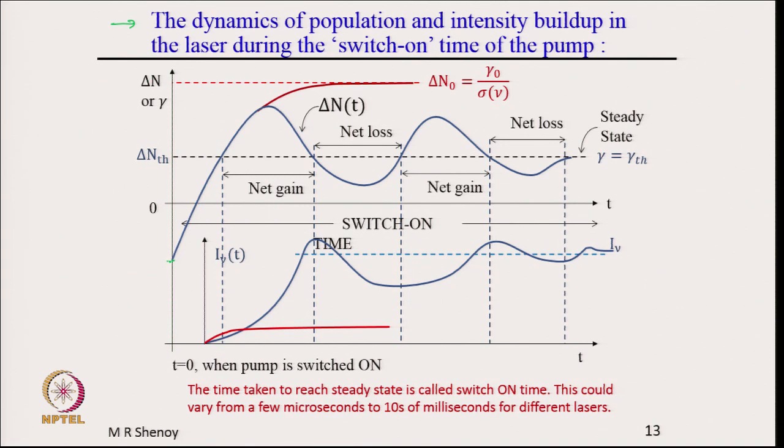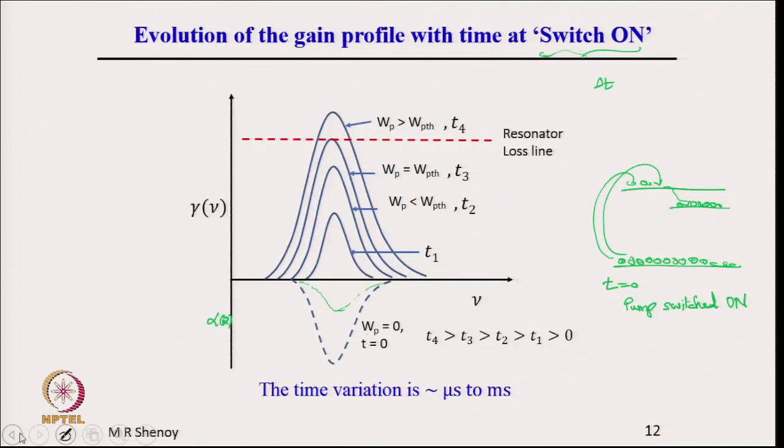Population inversion is negative at t equal to 0, because population inversion is n2 minus n1, or n3 minus n2, and n1 is greater than n2 when the pump is off. When the pump is switched on, as I discussed in the previous slide, atoms start going upward and then they start accumulating in the n2 level. So, this is n3, n2 and n1, all right.